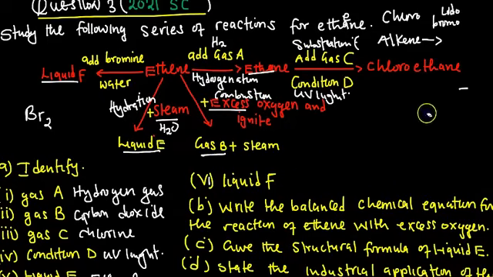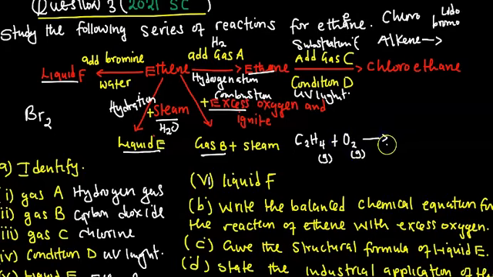So we are going to write ethene, C2H4, which is a gas, reacting with oxygen, which is a gas. Then what is going to form? Carbon dioxide, which is a gas, plus steam, which is H2O.